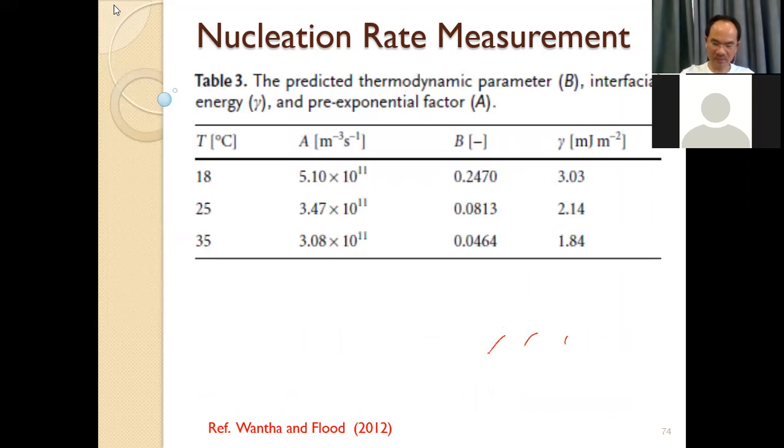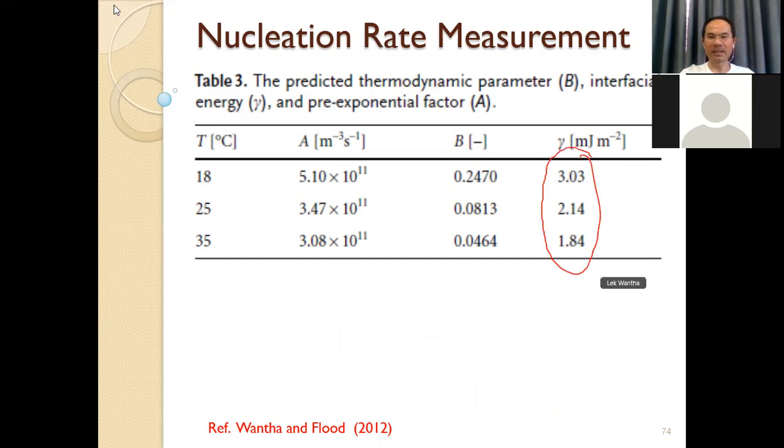And also this table, you can check the effect of interfacial energy. At lower temperature, higher interfacial energy means lower nucleation rate. Lower temperature, higher interfacial energy, lower nucleation rate. This is correct, common sense.